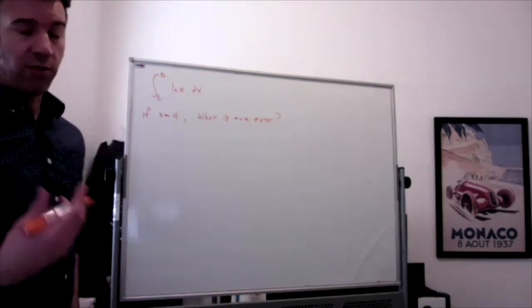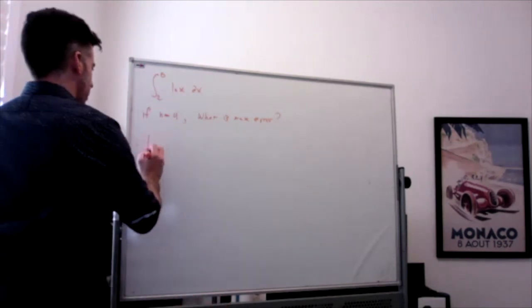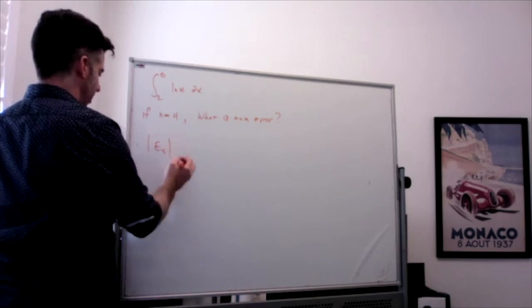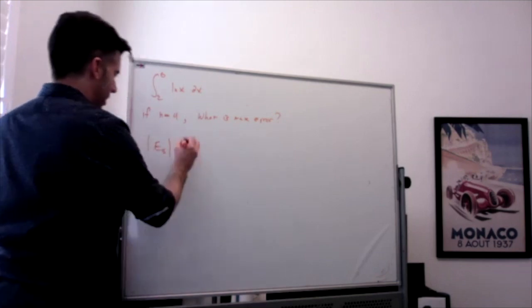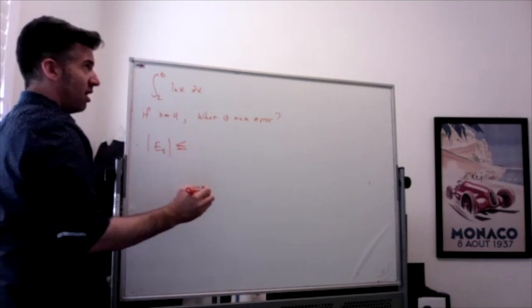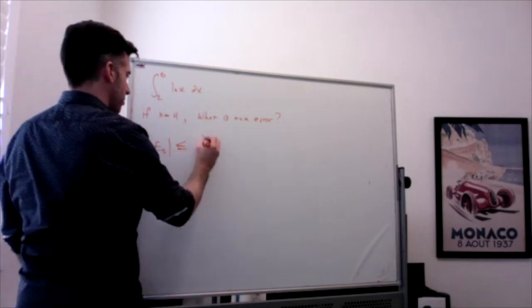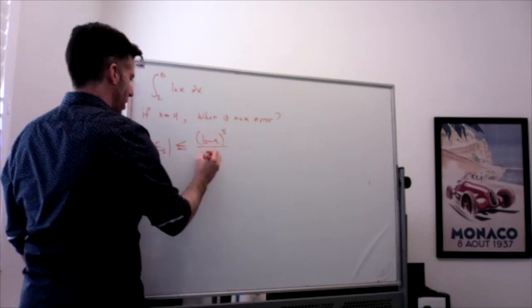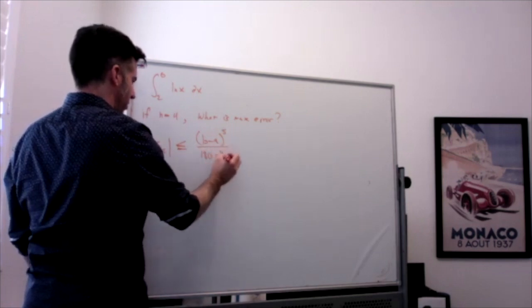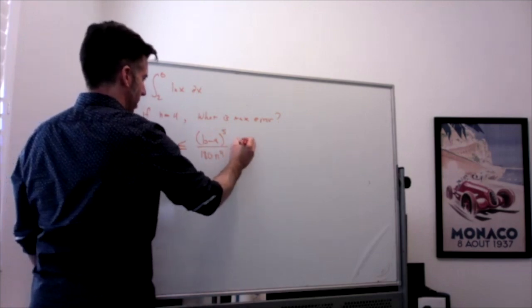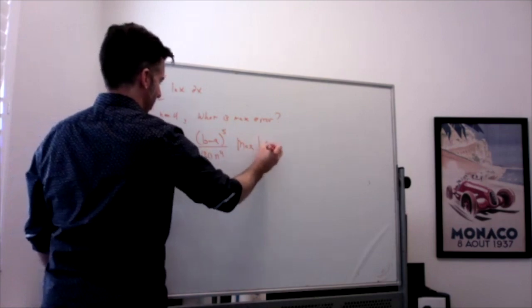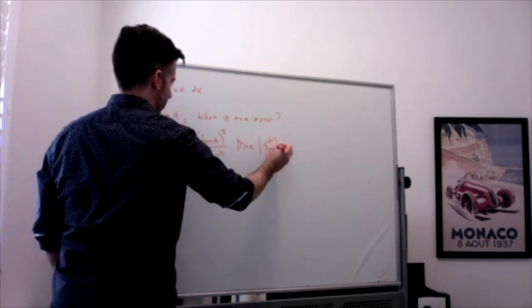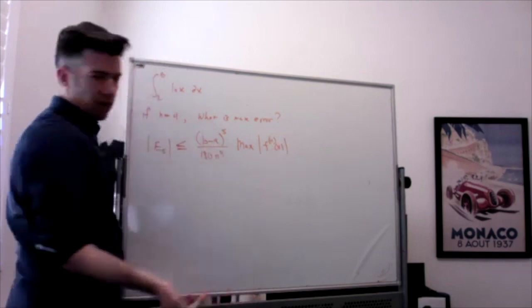The error formula for Simpson's method is similar, but not quite the same. It's less than or equal to (b minus a) to the 5th power over 180 n to the 4th times the maximum of the absolute value of the 4th derivative on the same interval.